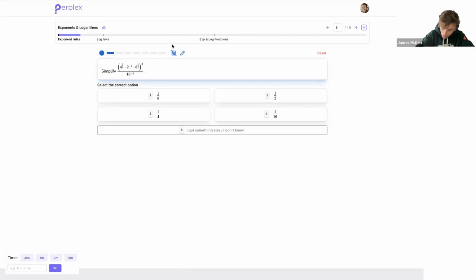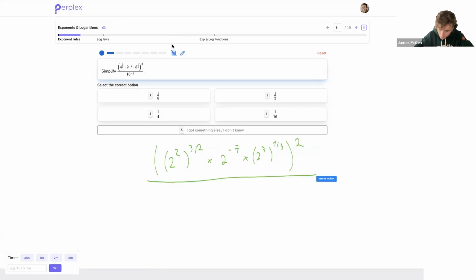So, I have 2 to the 2 to the 3 over 2 times 2 to the minus 7 times 2 to the 3, and the 8 is actually to the power 1 over 3. That's all raised to the power 2 over 16 to the minus 1.